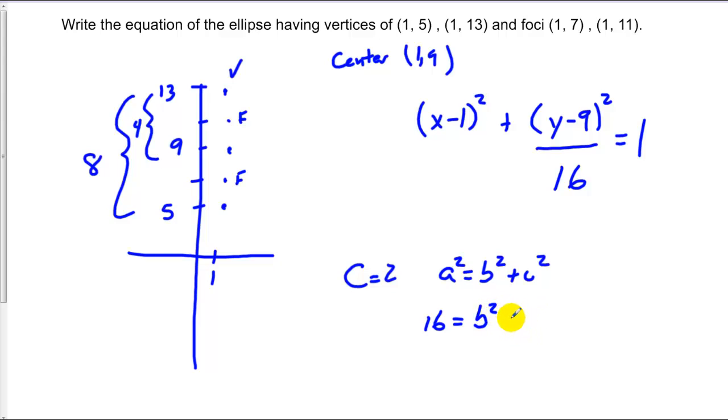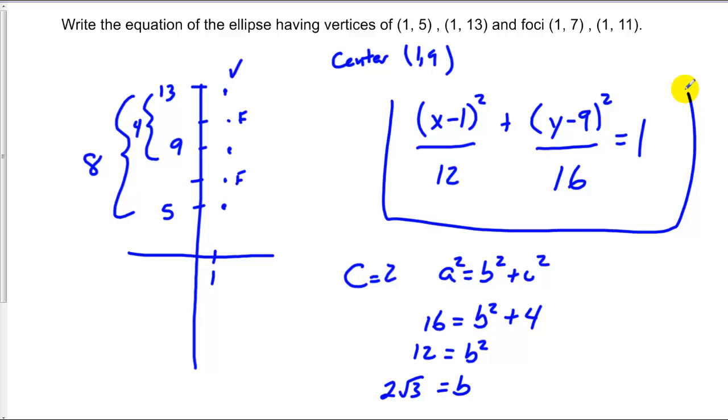My c value is 2, so c squared must equal 4. 12 is equal to b squared. 2 root 3 is then equal to my b value. All I really needed though was my b squared value, which we found out was 12. And therefore I've got the equation of this ellipse.